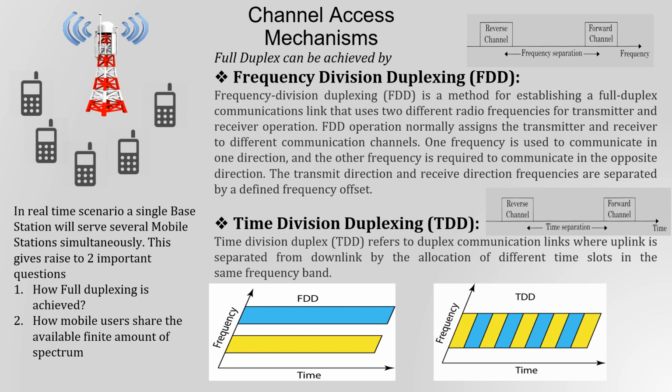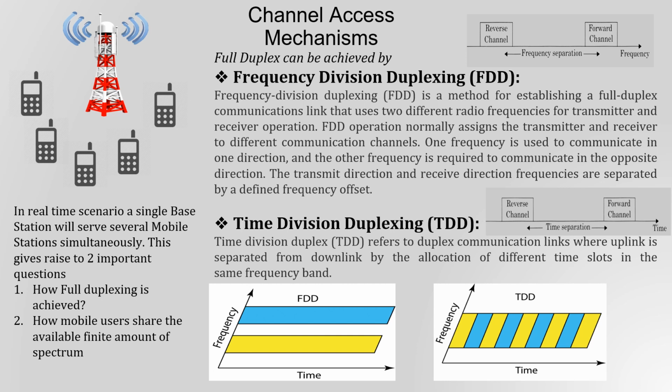For example, if 5 megahertz of bandwidth is allocated, this 5 megahertz will be treated as uplink, that is forward channel, for a particular time slot, and again this 5 megahertz will be used by the reverse channel, that is the downlink channel, for the next time slot. So the channel is used as both forward and reverse channel, but with different time slots. That is what we call time division duplexing.